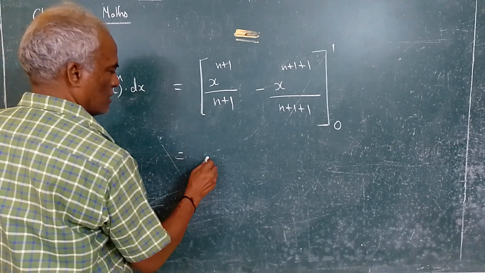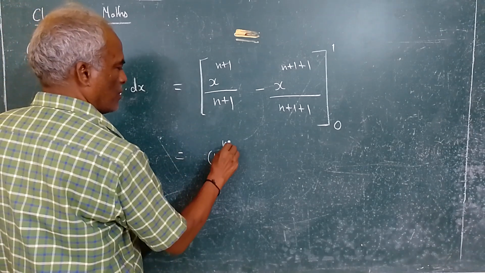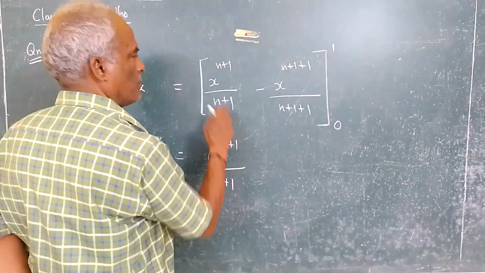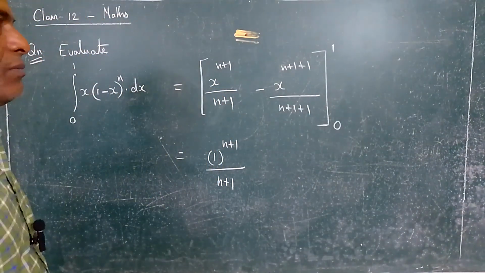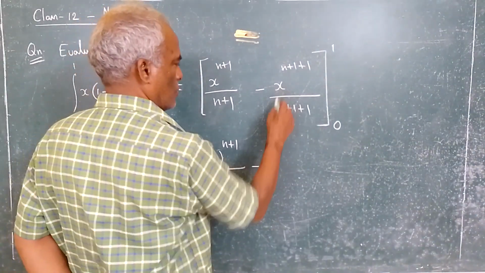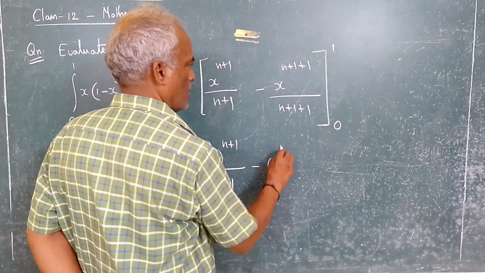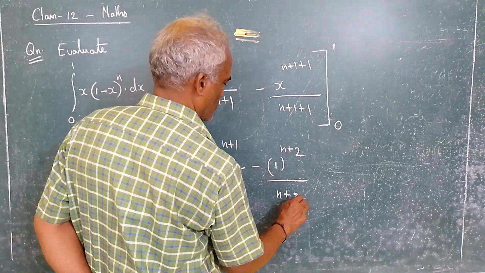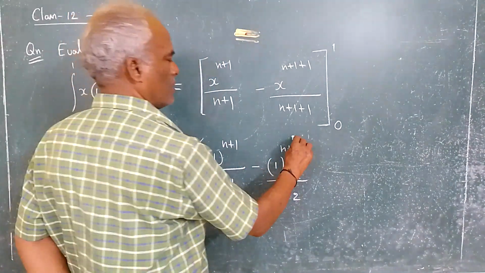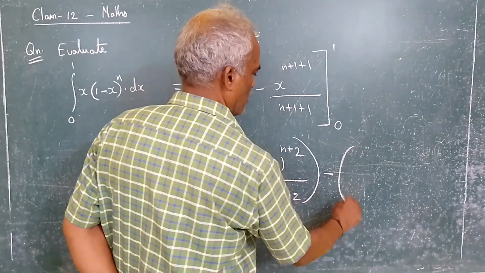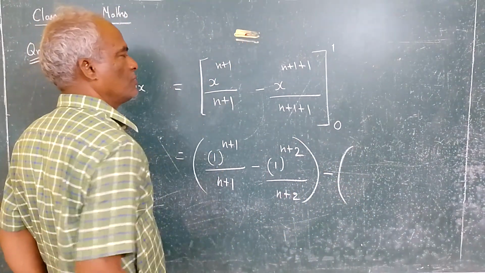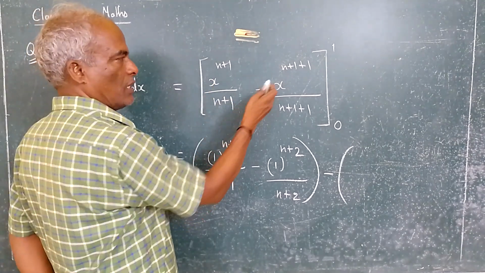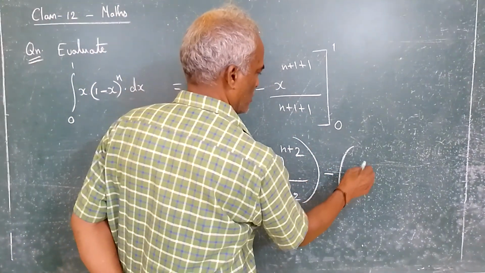So this will give you 1 power n plus 1 by n plus 1, in the place of x you substitute the limits, upper limit, minus 1 power n plus 2 by n plus 2. So this is upper limit minus lower limit. Lower limit for x you have to substitute 0. So 0 by anything is 0 only, here also 0. So this value is going to be 0.